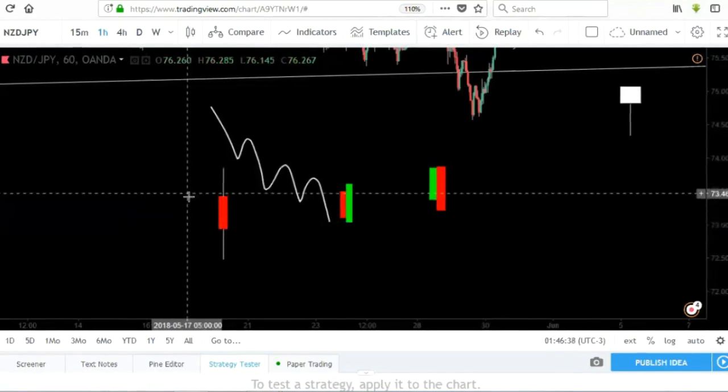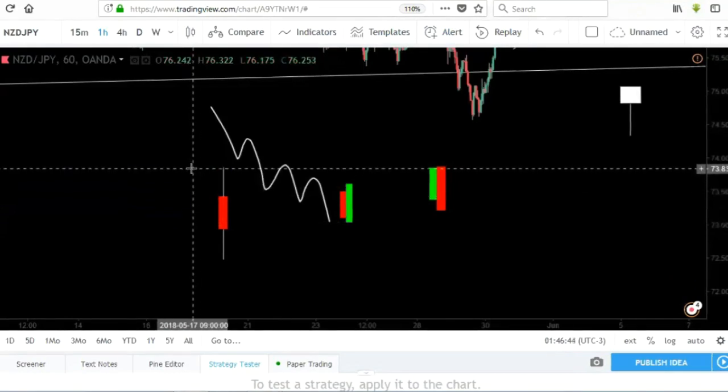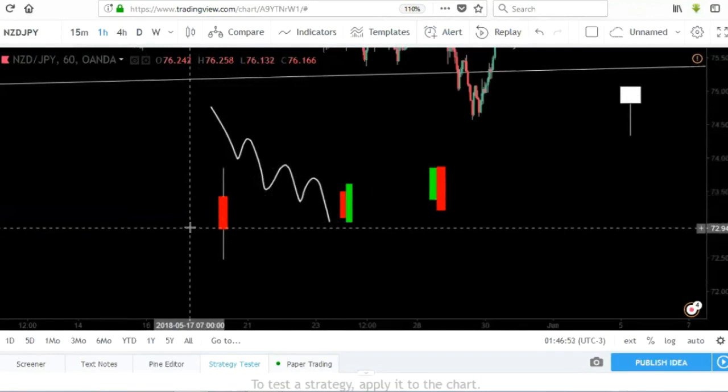This is the closing, this is the opening price. But once price opened here, it managed to create a high of this level, and it managed to create a low of this level, and still it managed to close here during this time interval. And if you read it, the wicks are equal to one another, meaning that the buyers and the sellers are undecided.